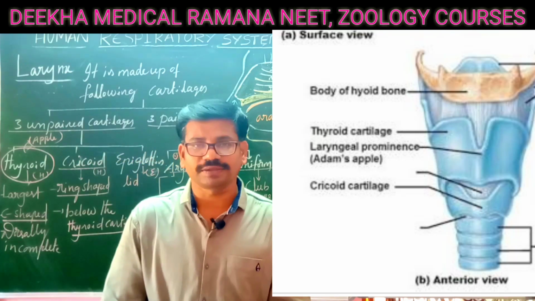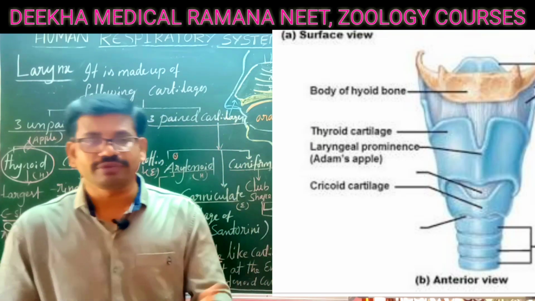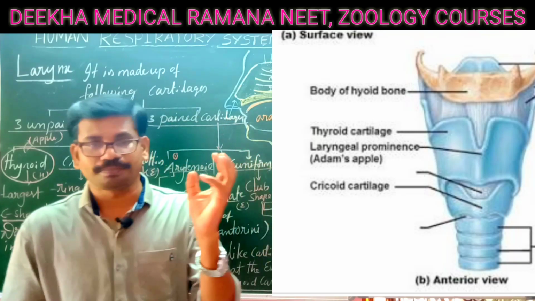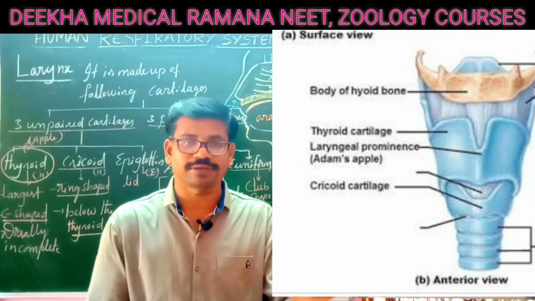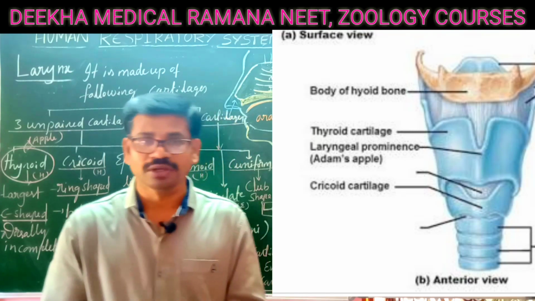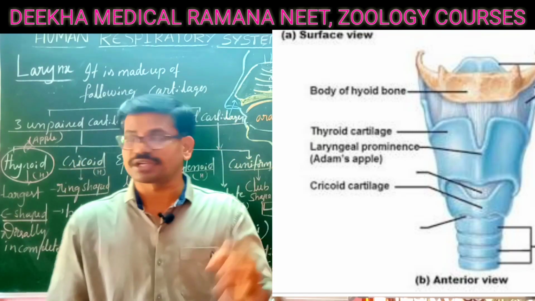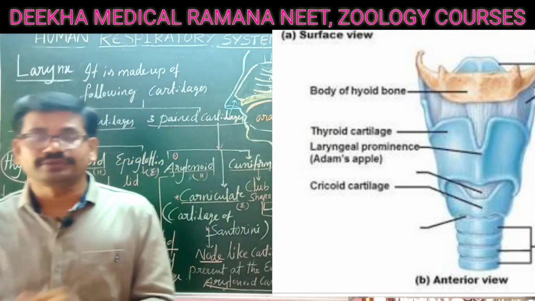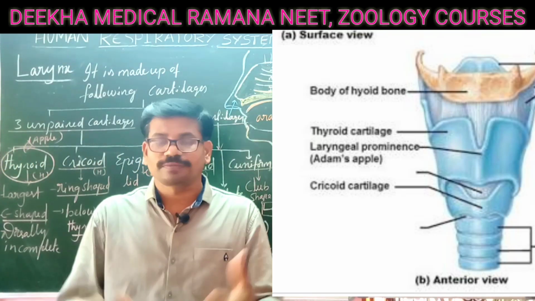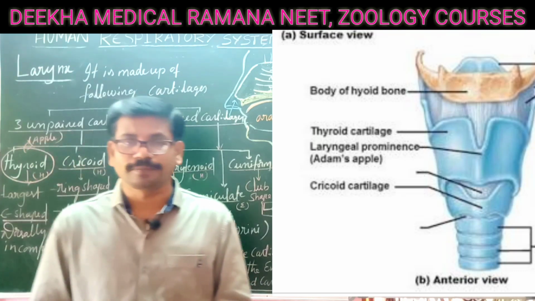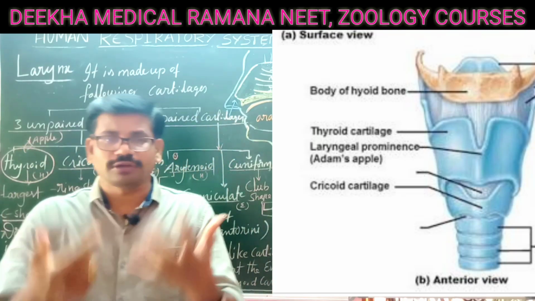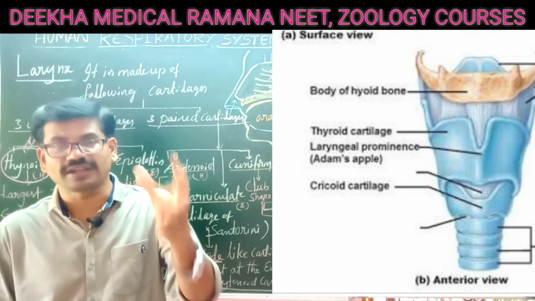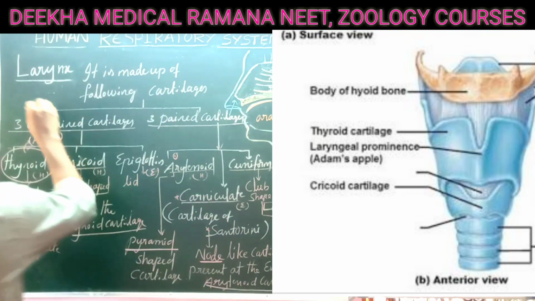But the important thing is, when a male individual reaches adolescence, due to production of androgens, the chief androgen being testosterone, some extra projection is formed from the thyroid cartilage. This develops a subcutaneous projection, the laryngeal prominence, called Adam's apple.